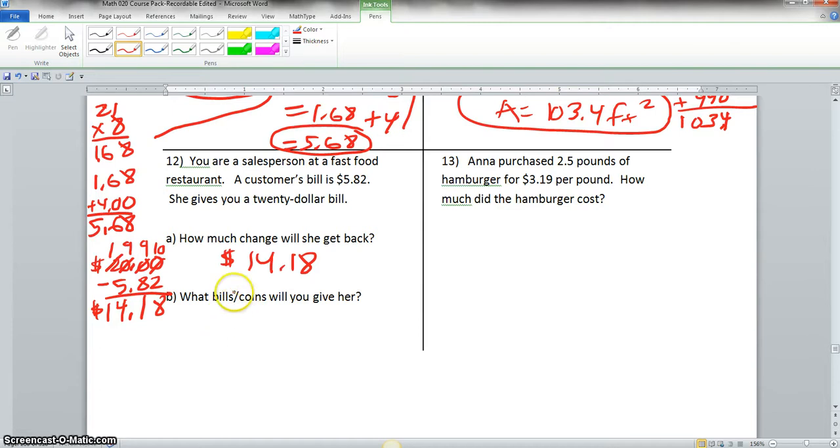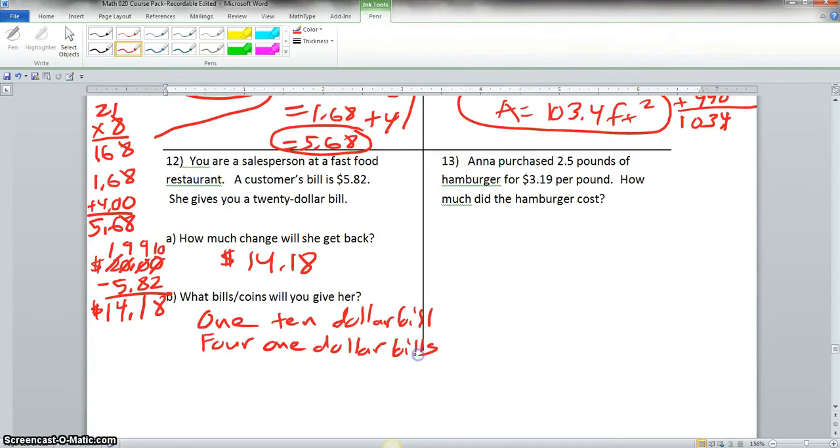Now it says, what bills or coins will you give her? Usually whenever you go out to a restaurant, they try and give you back the least amount of change possible. So what you would give is one $10 bill. You would give 4 $1 bills. And then you would give 1 dime.